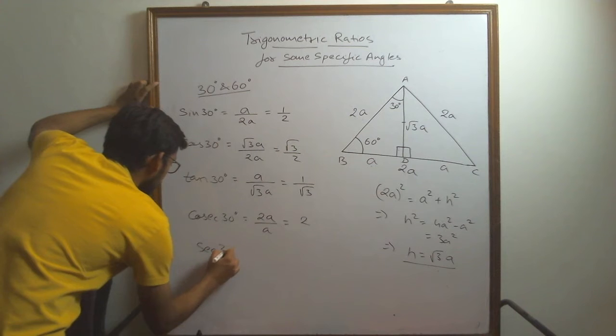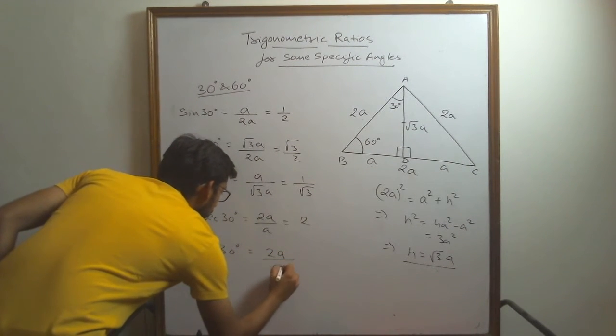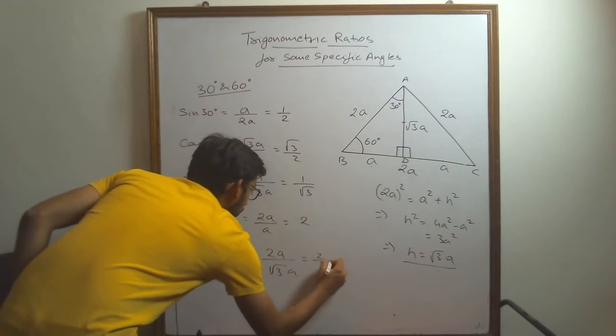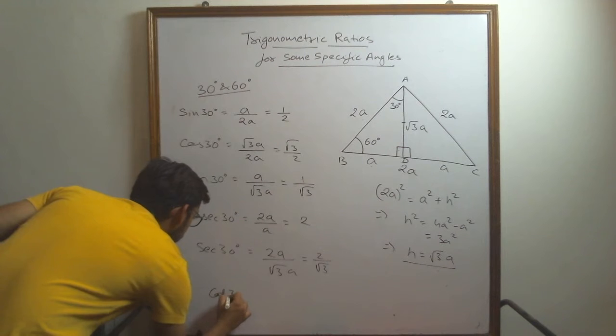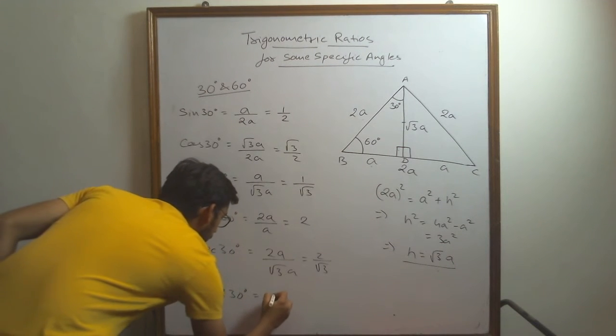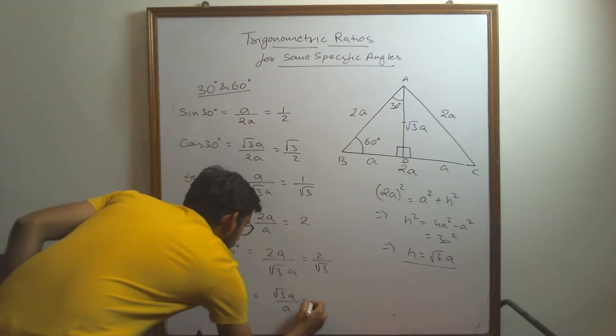Sec 30 degree is hypotenuse upon adjacent, so this is 2 upon root 3. And last, cot 30 degrees is equal to adjacent upon opposite, which is equal to root 3.